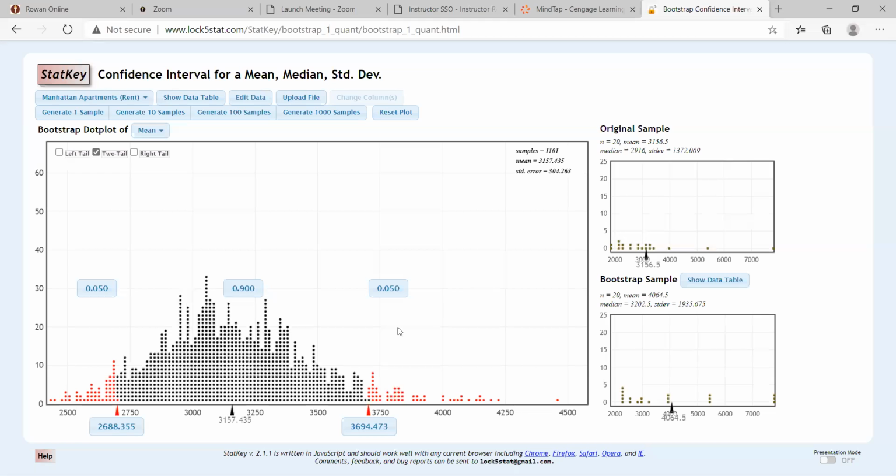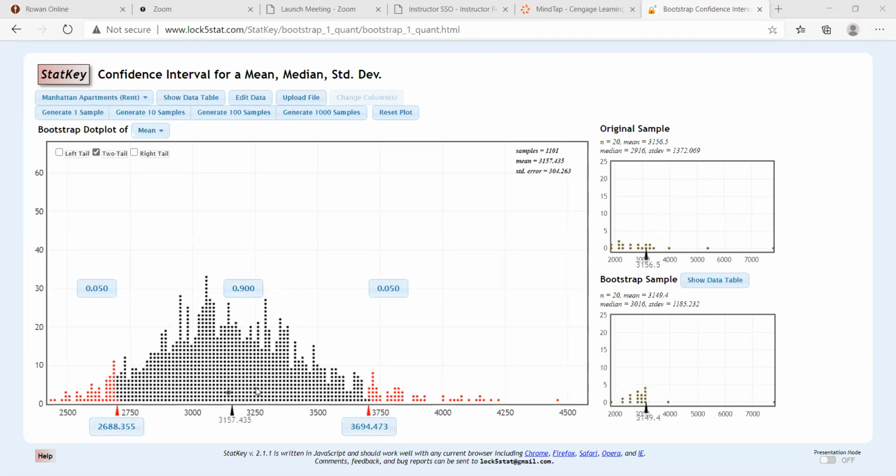And I end up with a 90% confidence interval. The 90% confidence interval goes from 2688.355 to 3694.473. So you always put those numbers as the lower end and upper end of the interval. We're 90% confident that the true population mean is in between these 2 values.